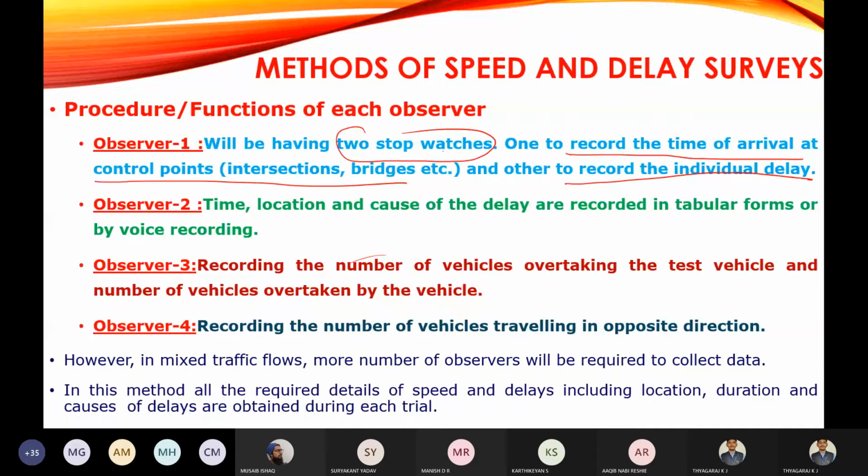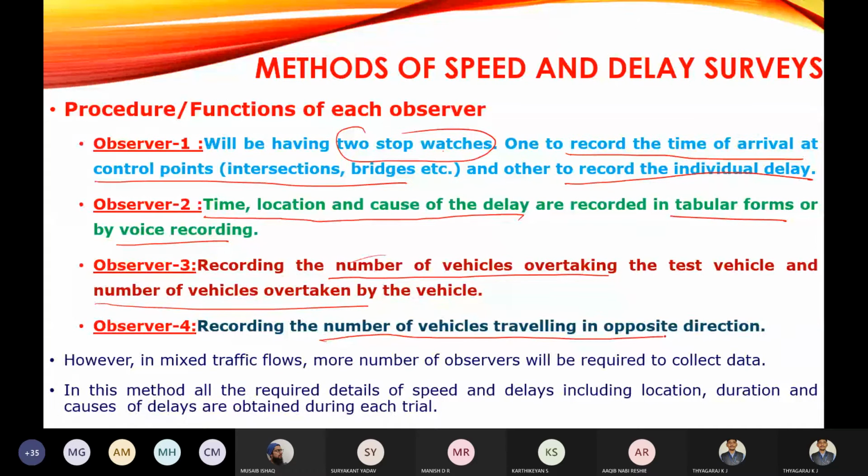Observer 2 will be noting down the location, time and cause of the delay in tabular form or by voice recording. Observer 3 will be recording the number of vehicles overtaking and the number of vehicles overtaken. Observer 4 will be noting down the number of vehicles traveling in the opposite direction.